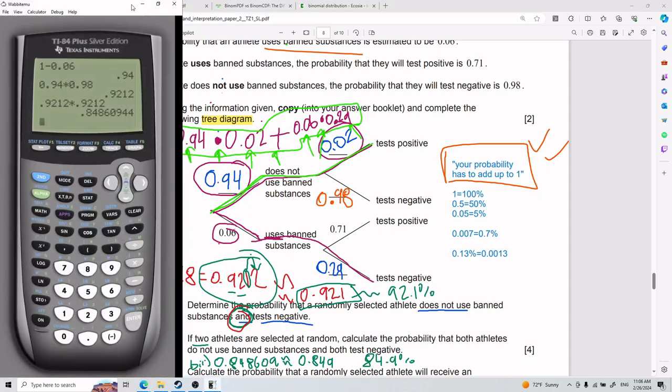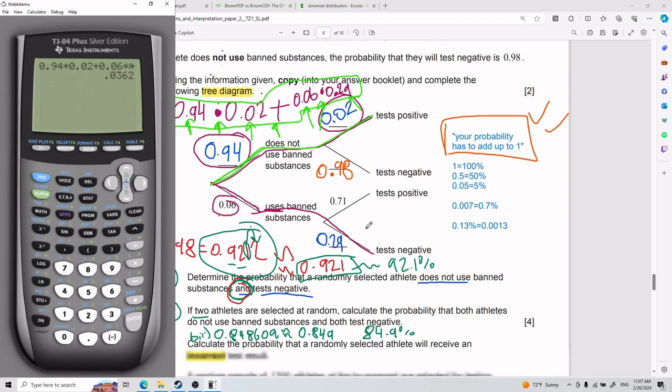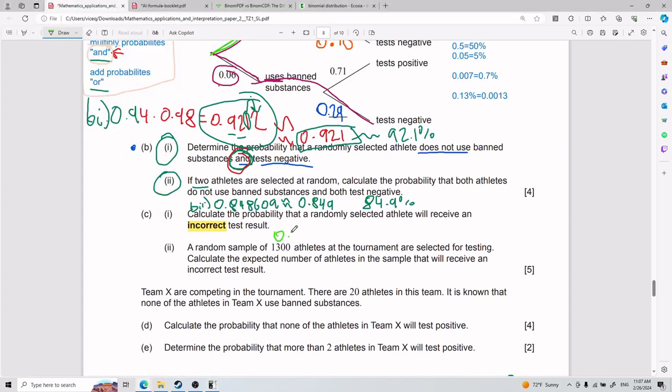So once you have all of that written out, once it makes sense, the adding and multiplying, you can put 0.94 times 0.02 plus 0.06 times 0.29. And see what happens. You get this. This is the answer for part C-I. Okay? So that's going to be 0.0362, which is the same as 3.62%.